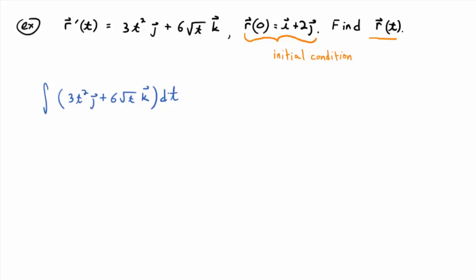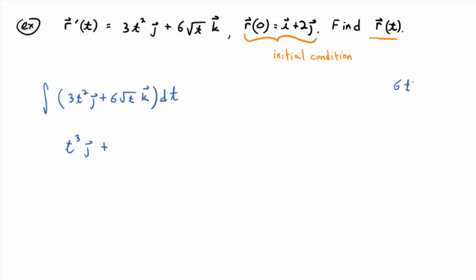It looks the same though in ijk form. So let's integrate the j term. What do we get? 3t squared integrates to just t cubed, nothing hard there, don't forget the j, plus 6 radical t k.